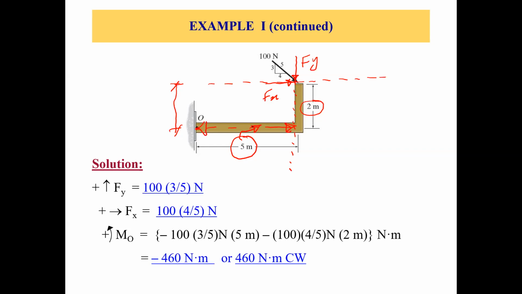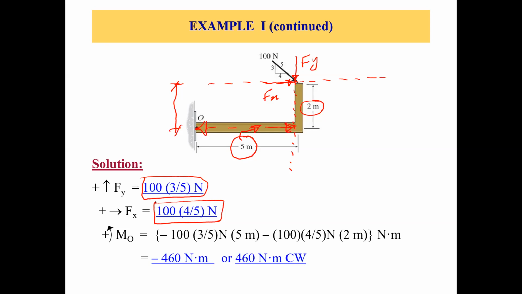Let's first find out Fy. Fy is 100 times 3 by 5 newtons, and Fx is 100 times 4 by 5 newtons. That's how we find Fy and Fx.